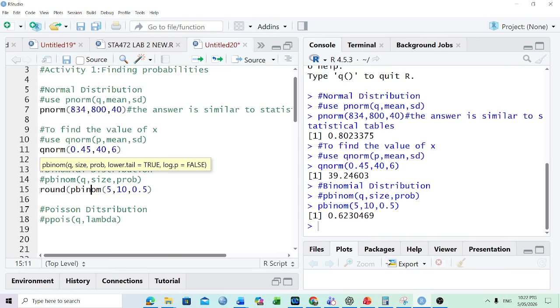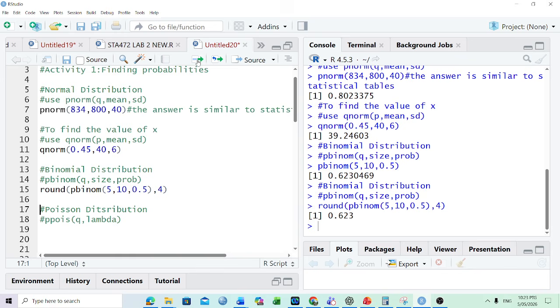So round, for example, this one I would like to have the answer in 4 decimal places, then just round, 4. Hence 0.623. Why? Because after 0 is 4, so cannot add up here. That's why 0.6230.